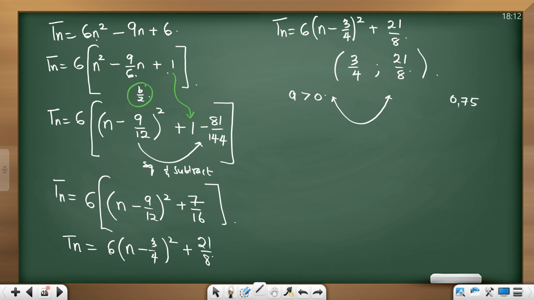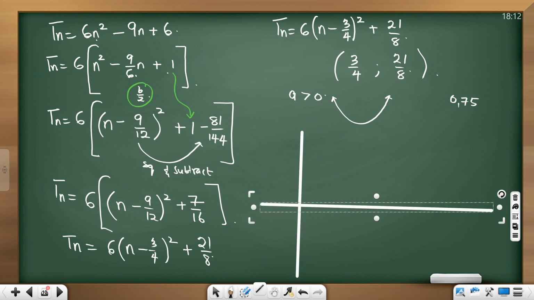If I were to do this for you, I want you to see that an examiner can throw a number patterns question to you as a function, where this is now n and this is what?